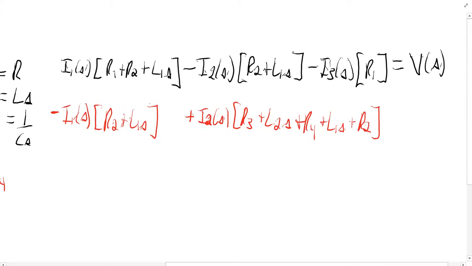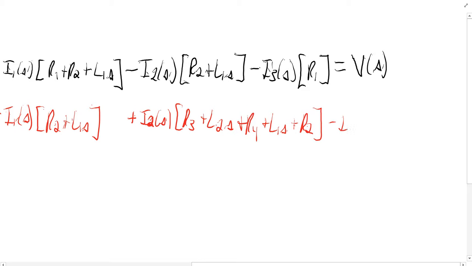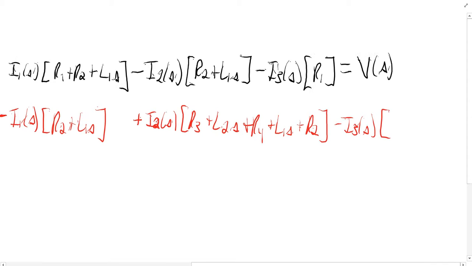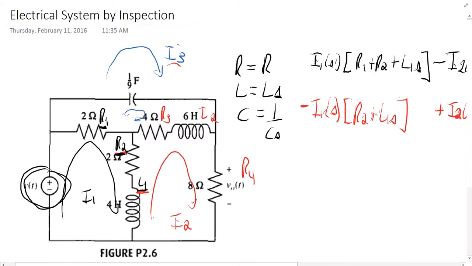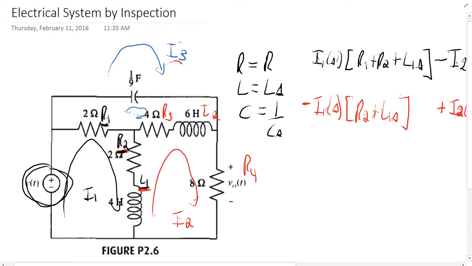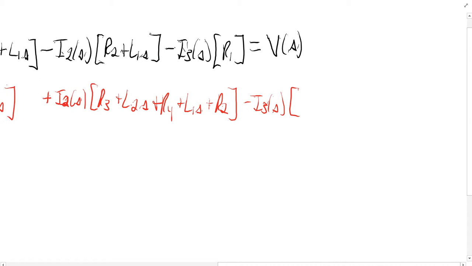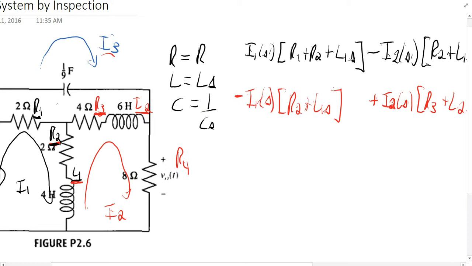So we subtract I3 and we open our parentheses and see what components are being shared by I2 and I3, which is gonna be R3 and L2. So we write R3 plus L2S, close parentheses, and I believe that's it. And yes, that's it.